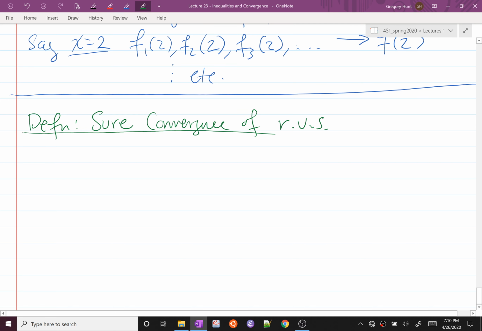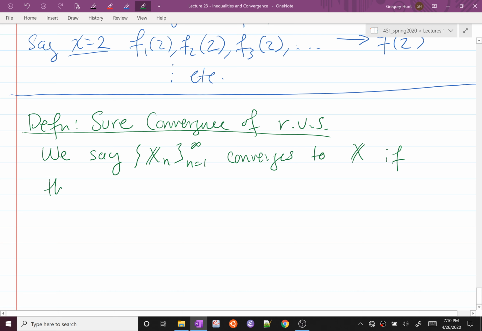And the definition is, we say some sequence of random variables X_n, n goes 1 to infinity, converges to some other random variable X if they converge pointwise as functions.